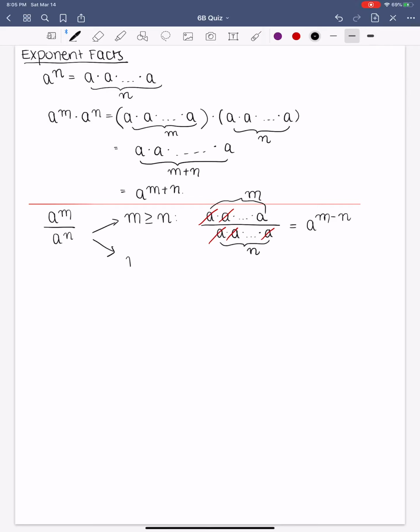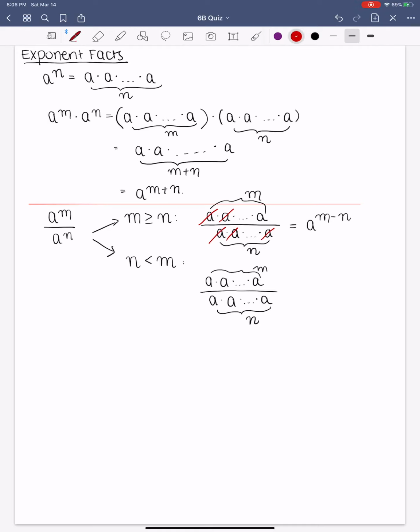So now the only other thing to worry about is the case where m is smaller than n. Again, I can start with my definition. We have m of these on the top. Let me just move things around to make it a bit more organized. And we have n things on the bottom.